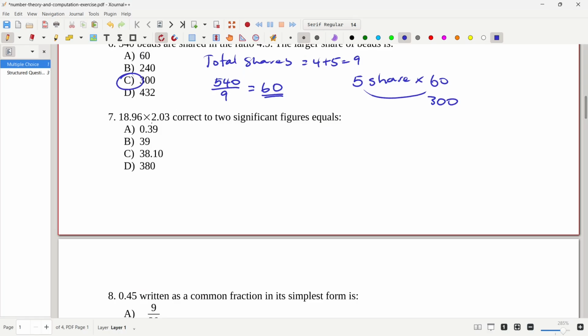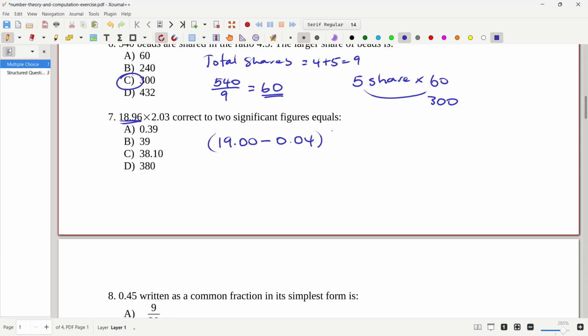Now I'm going to take these and correct to two significant figures. Okay, now doing this kind of calculation can be very tedious, but we can do it quickly if we use the distributive law. Let's look at this. If I take 19.00 and I minus 0.04, this is the same as this value over here.